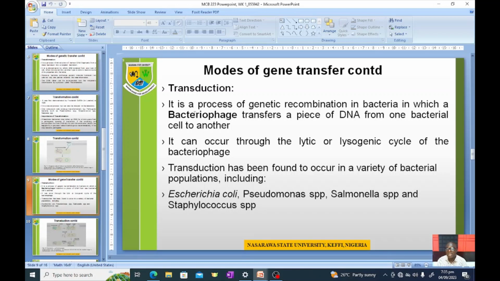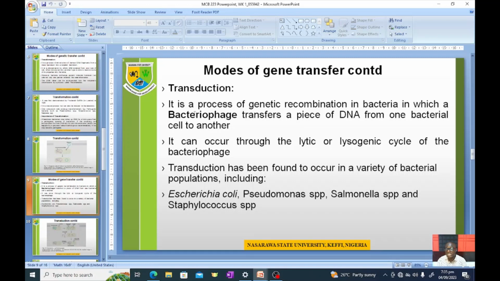Under lytic, following attachment, entry, replication and assembly of the gene that was sent in by the bacteriophage into the chromosomal DNA of the receiving bacterium, the cell will eventually lyse, releasing the products containing the new DNA particles that were sent in by the bacteriophage.